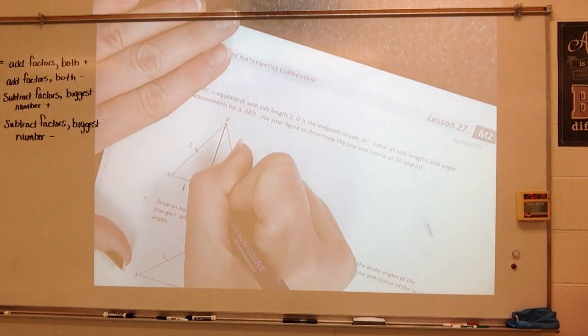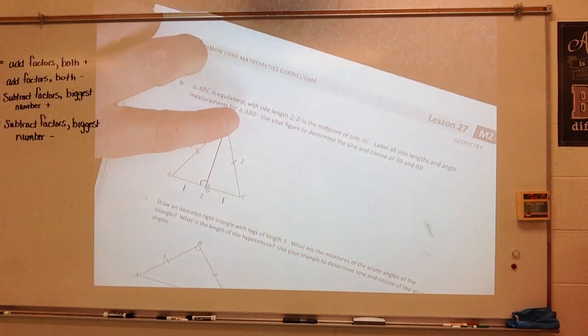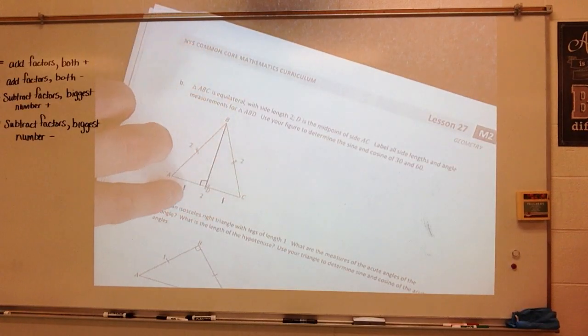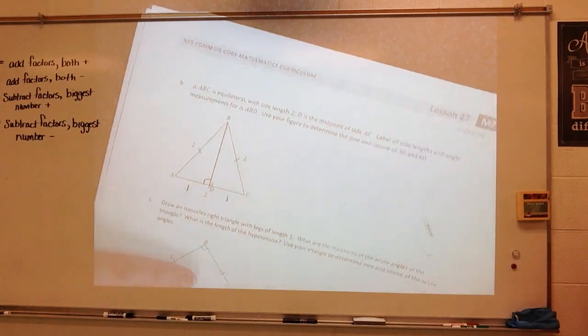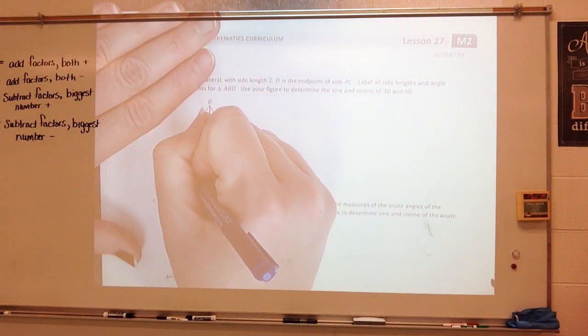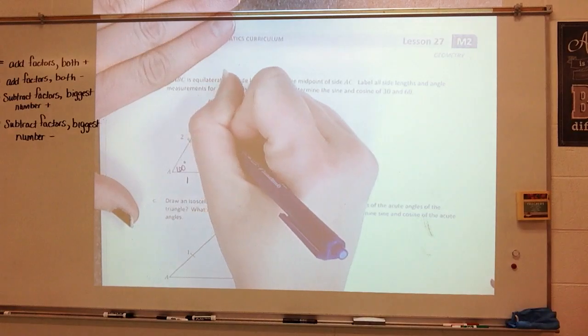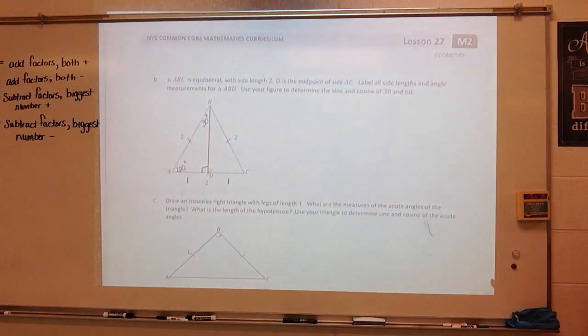That means that this creates a right angle. If all 3 angles have to be equal, because this is an equilateral triangle, all 3 sides are equal, all 3 angles are equal, which means that all 3 angles equal 60 degrees. If I split this one as an angle bisector, I would divide that into half, which means this angle is 30 degrees.